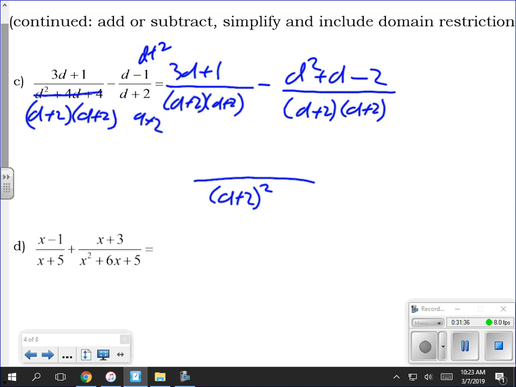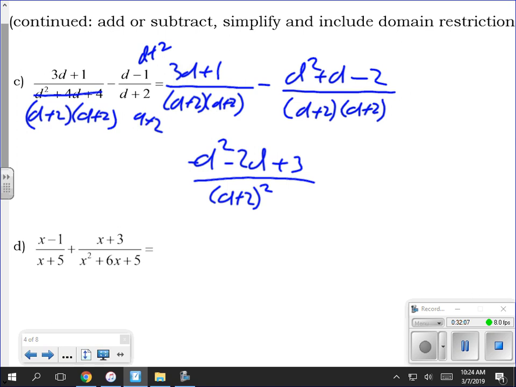And then I have to combine up my like terms. Now I do have a negative that I'm subtracting that. So I have minus D squared. 3D minus 1D gives me minus 2D. 1 minus negative 2 is plus 3. Is that factorable? Maybe. But my factor choices are limited.